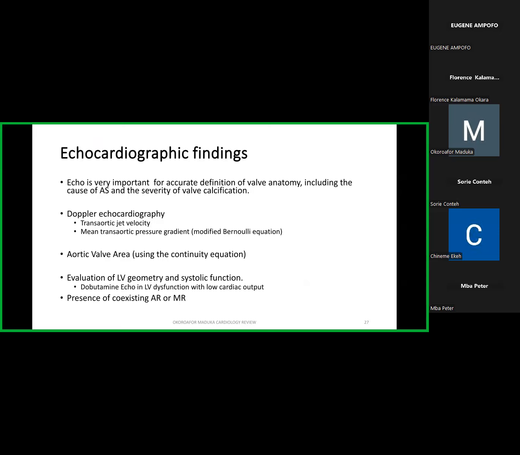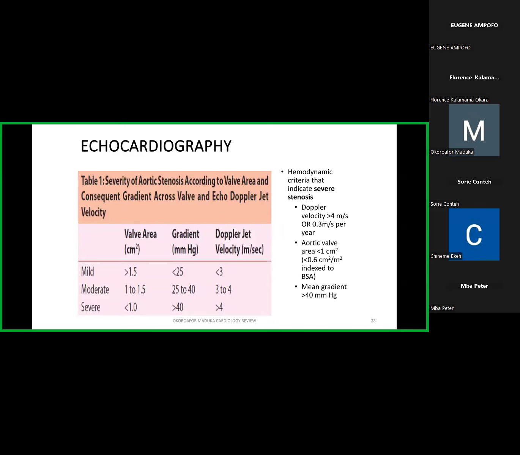The aortic valve area can also be evaluated using the continuity equation. You also want to look at the possibility of coexisting aortic regurgitation or mitral regurgitation, as well as the sizes of the chambers involved. These are the things we look out for when using echocardiography to evaluate a patient with aortic stenosis.